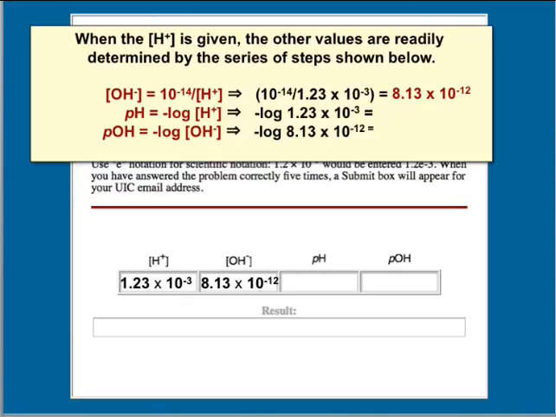All right, now we know hydronium and we know hydroxide. All we have to do is calculate pH and pOH. The pH is the negative log of hydronium. So type in hydronium. 2.91.